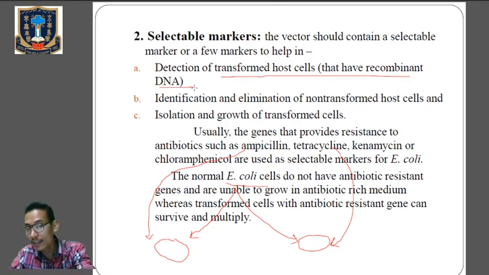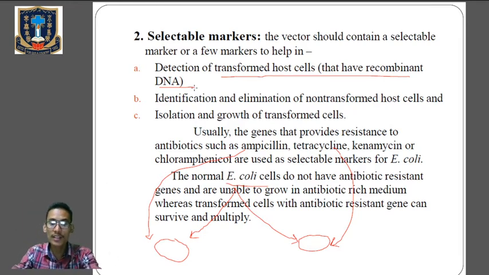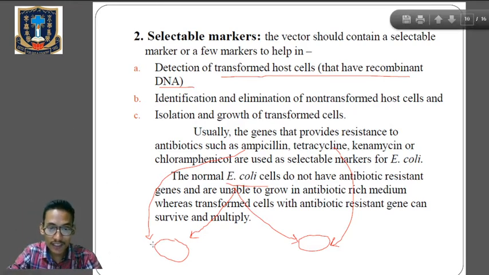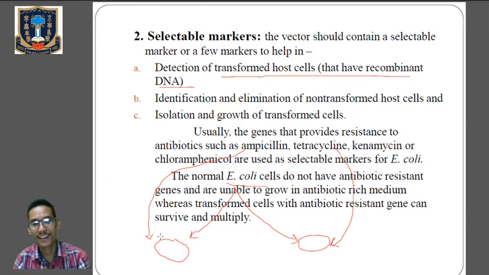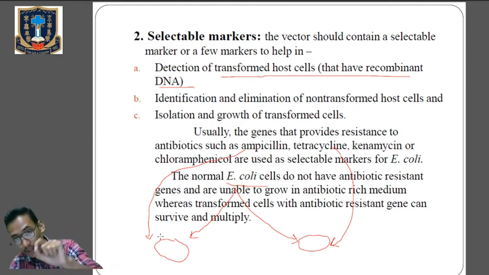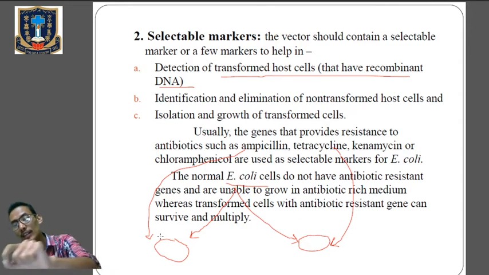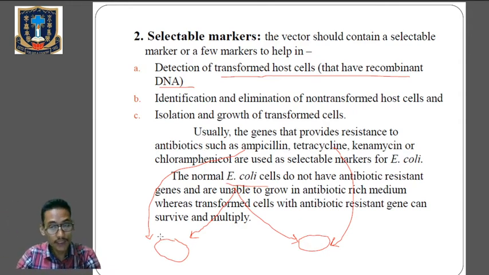And that DNA contains which property? Antibiotic resistant property, having the resistance to ampicillin. So when we put the transformed E. coli cells into the medium containing ampicillin, that E. coli cell will not die. Why? Because it has got the ampicillin resistance gene. But if we put the same transformed E. coli cell into the tetracycline containing medium, it will die.